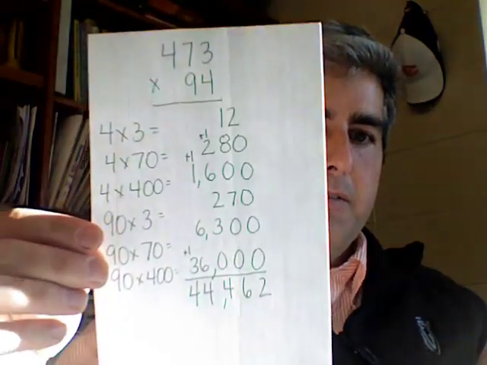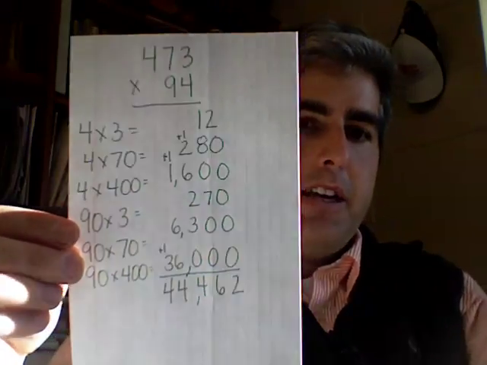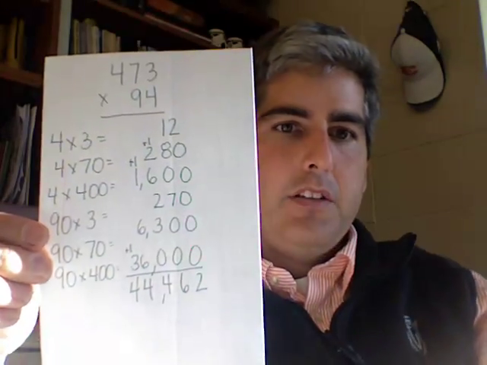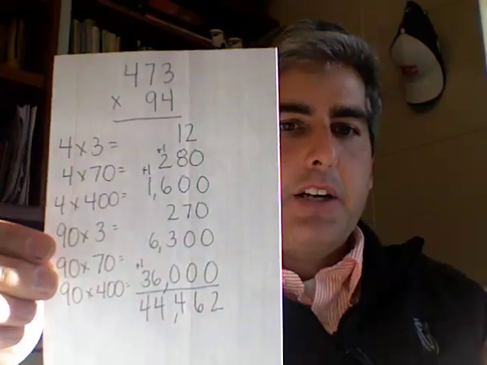Now, what's really neat about the connection between partial products and lattice is that you basically added up the same numbers. So, if you look at our partial products from a previous video, you see that in the ones column, we had a 2.